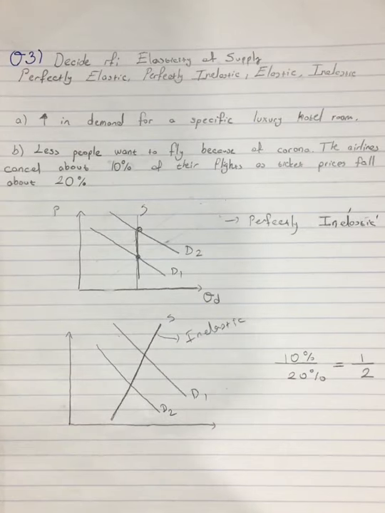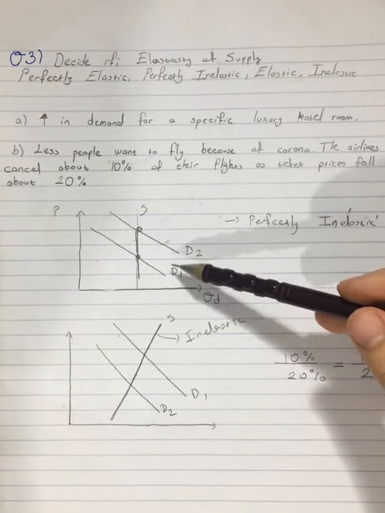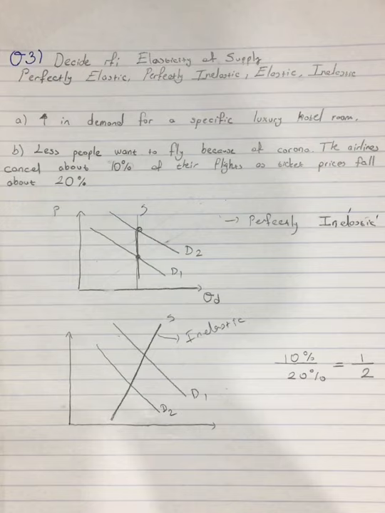Okay, in question 3, it says decide if the elasticity of supply is perfectly elastic, perfectly inelastic, elastic, or inelastic in the short run. In part A, it says that there is an increase in demand for a specific hotel room, and I drew the graph here.